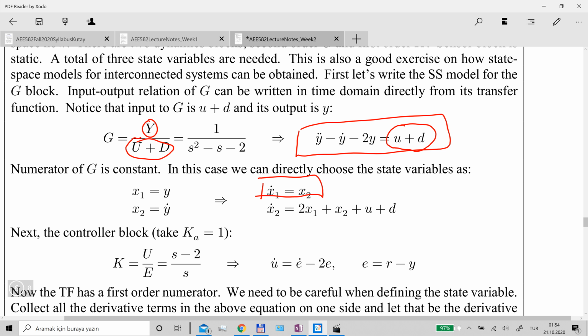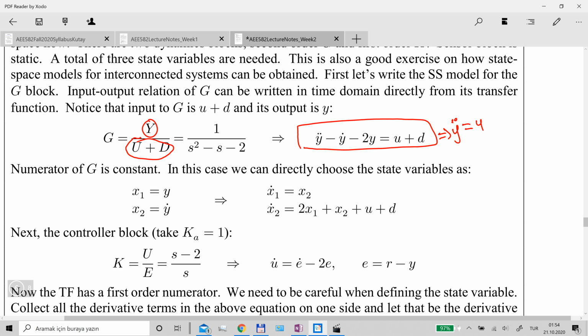The second state equation requires using the original differential equation. Taking the derivative of x2 gives y double dot, and y double dot can be written using the differential equation of the system, and this gives y double dot is equal to y dot plus 2y plus u plus d.